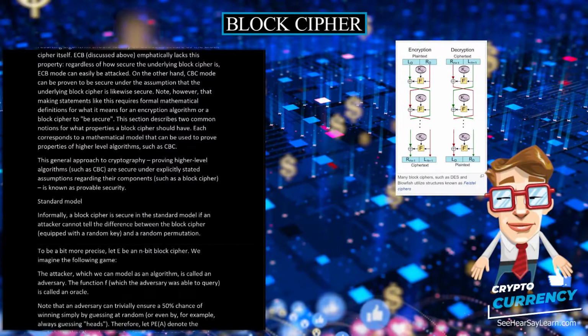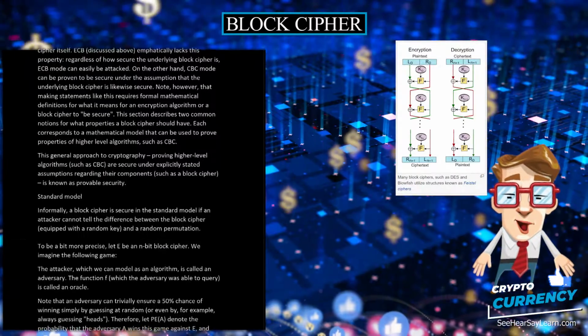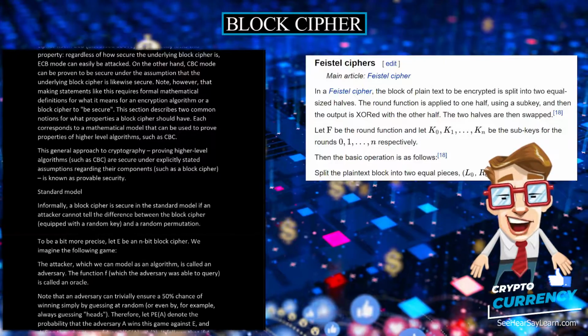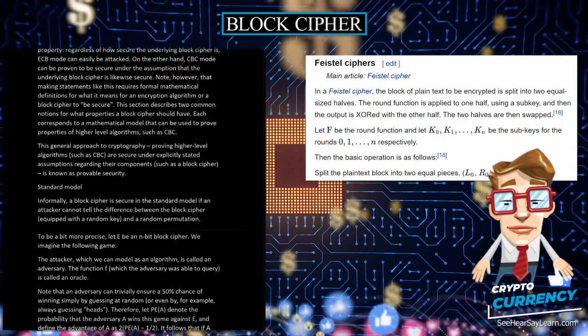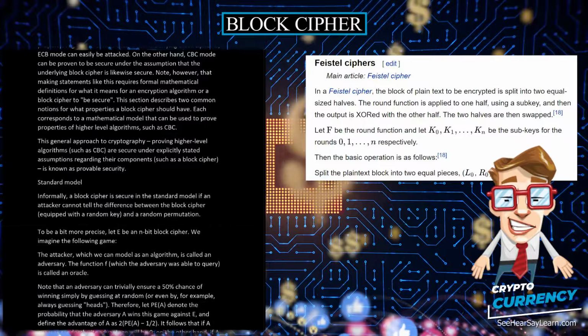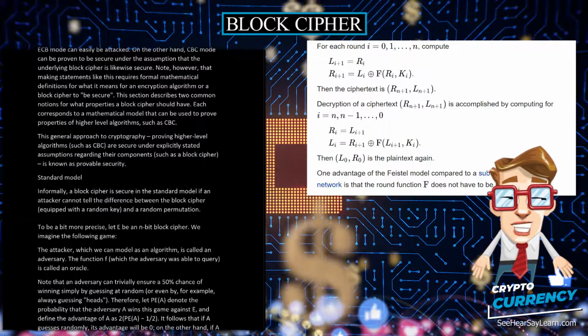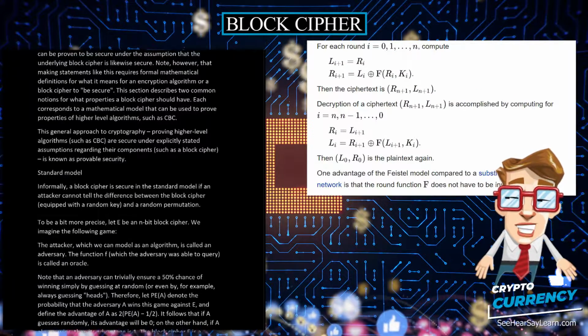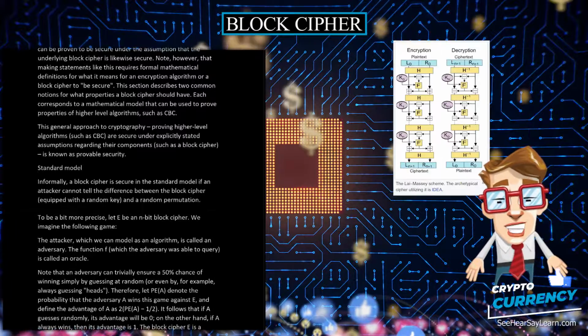Standard model. Informally, a block cipher is secure in the standard model if an attacker cannot tell the difference between the block cipher, equipped with a random key, and a random permutation. To be a bit more precise, let E be an n-bit block cipher.